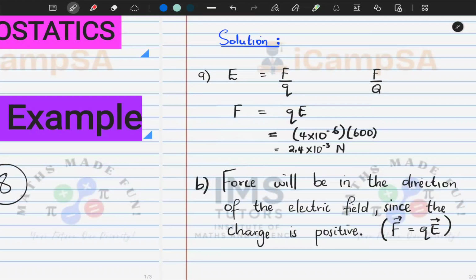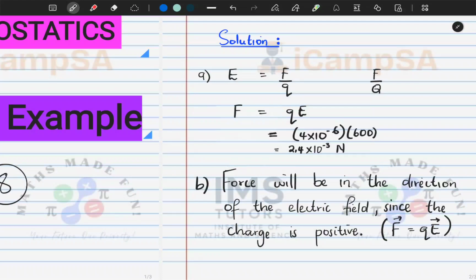And then lastly, another way to think about it is that a positive charge more or less behaves like a leaf. If you've ever seen a leaf, it moves with the wind. So a positive charge will move in the same direction as the electric field. On the other hand, a negative charge would want to go against the wind, so it moves opposite to the field.